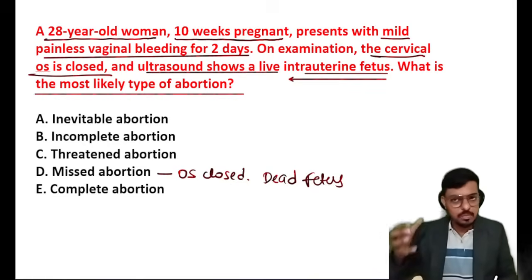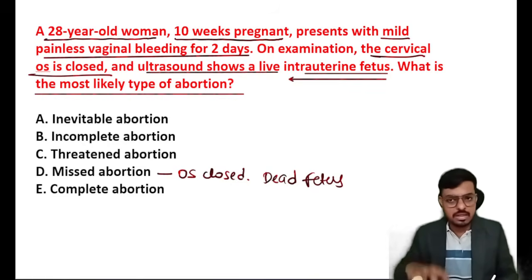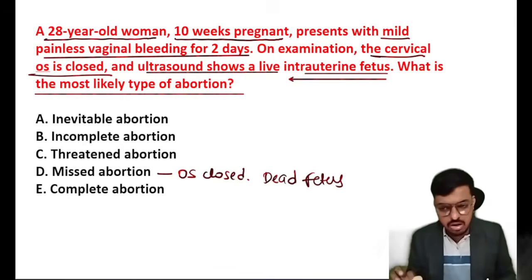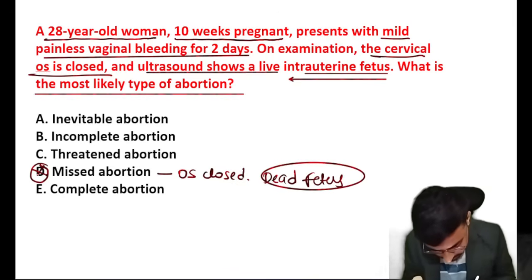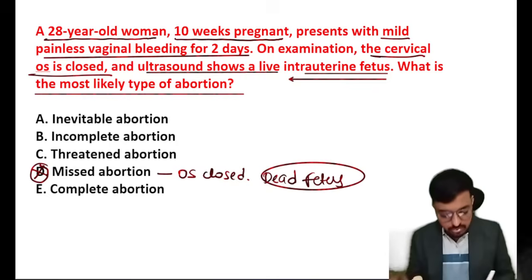The fetus has died inside the uterus and the mother didn't know, because the os is closed and no product of conception is coming out. So this is option D, where the dead fetus will be there. I am eliminating option D, missed abortion, because inside the uterus the fetus is alive here.